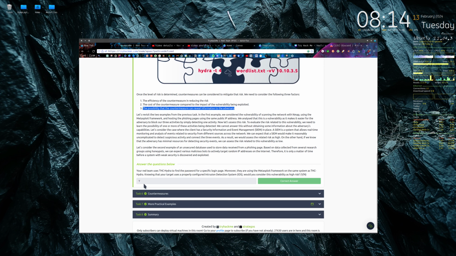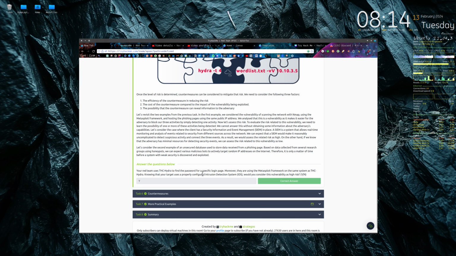So here's a question. Red Team uses Hydra. Hydra is password cracking software that you can use to crack or brute force web-based or session-based logins. Moreover, using the Metasploit framework on the same system, knowing the attacker configured that. Yes, it's always good to divide your attacks and not have all your tools in one bucket.